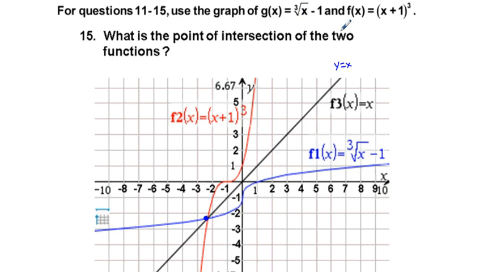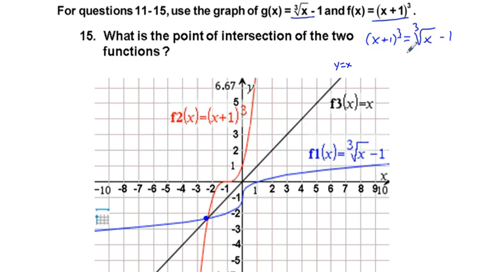And to find that out, if you set these two equations equal to each other, we can set x plus 1 cubed equal to cube root of x minus 1. Well, what I'm going to recommend for this one is solving by graphing.